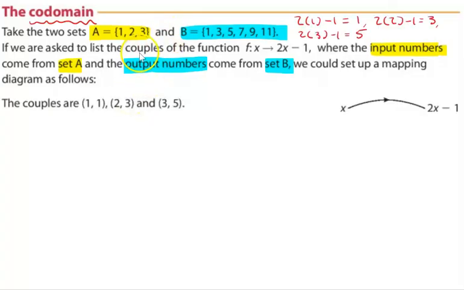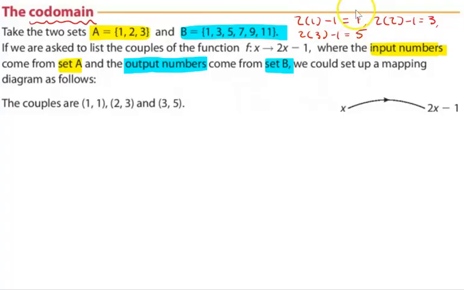So just to show you, if we were to sub into this function, the function is 2x minus 1. So f of x maps to 2x minus 1. If our inputs, our x values, are 1, 2, and 3, we swap the x for brackets, and we put 1 into the brackets, then 2, and then 3. So 2 times 1 minus 1 is 1, 2 times 2 minus 1 is 3, and 2 times 3 minus 1 is 5.